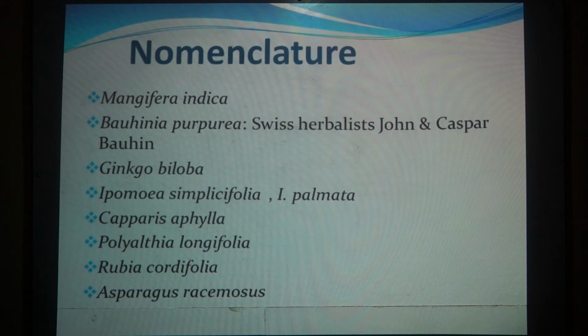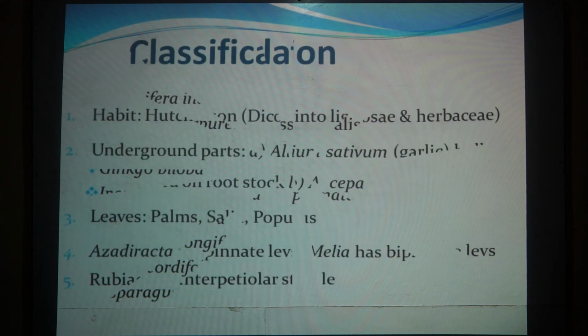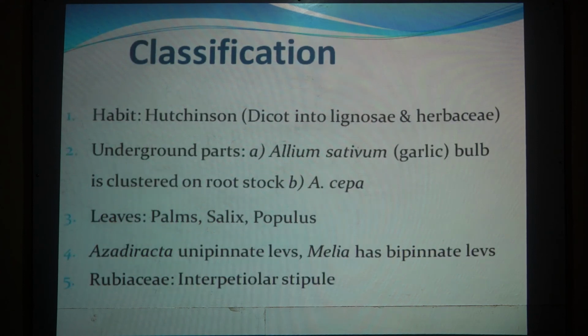So this is about the nomenclature and the importance of morphology in nomenclature. Then next, classification. How morphology is important in classification.